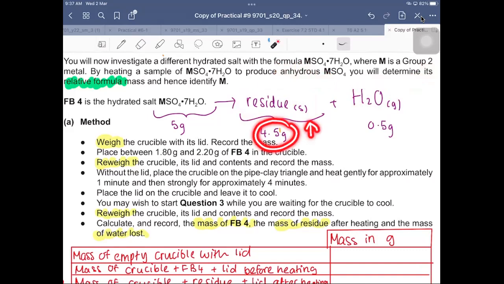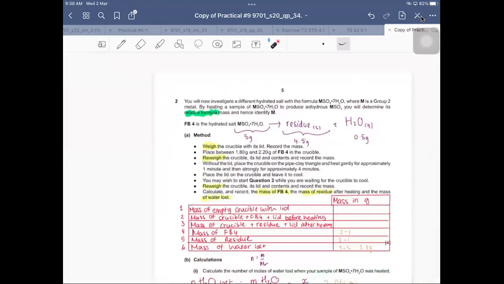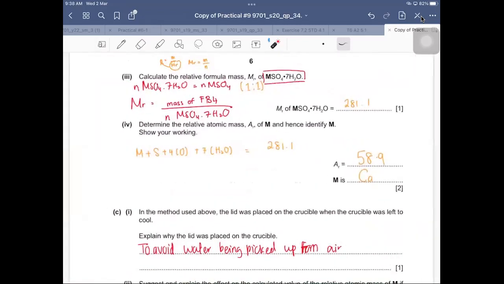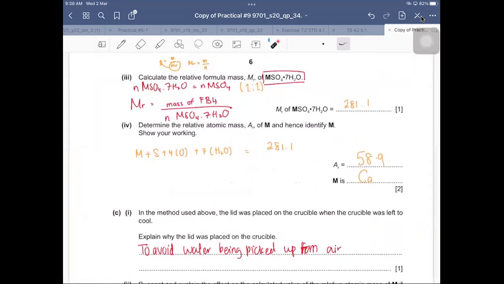Agree? So that means we have overestimated our mass of residue. So that means it's not accurate. We want to take the mass of the residue, just the residue alone, not when water comes in contact with it. So that's the only reason why we put on the lid during cooling.